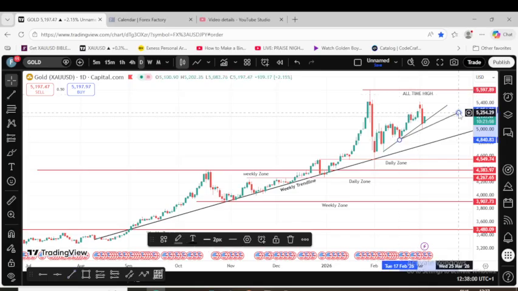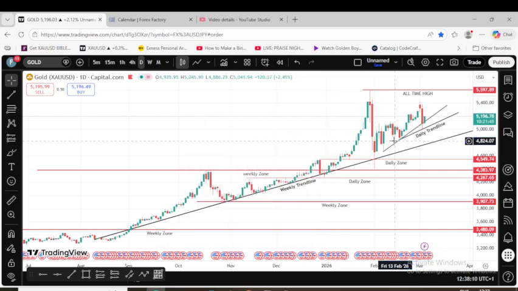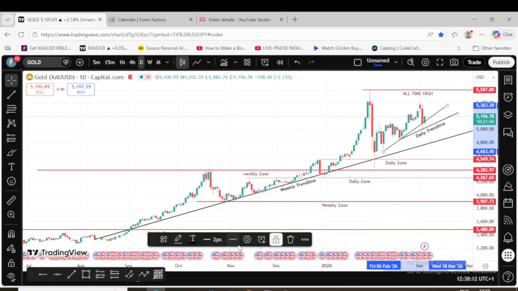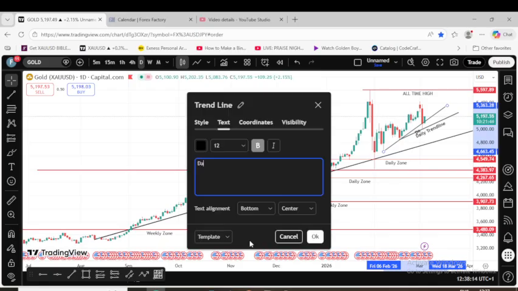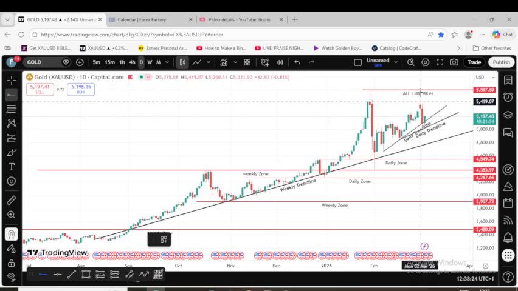So these are both our daily trend lines. This here is also a daily trend line. I think this should also act as a daily zone.